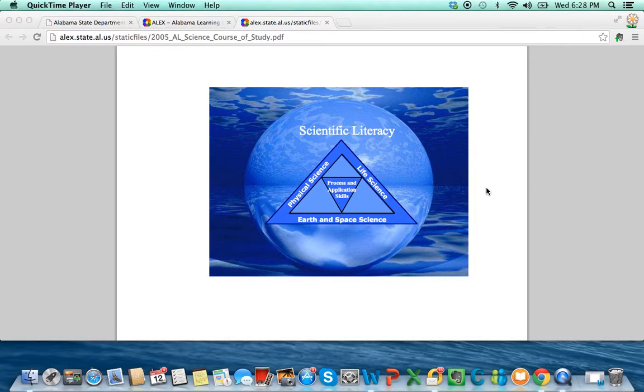And of course, this is somewhat akin to the fact that we have the science practice standards in the next generation science standards that are to permeate all the courses as well. So you will hear me do a lot of complaining about this course of study, but I must say I'm fairly fond of this overarching conceptual framework.